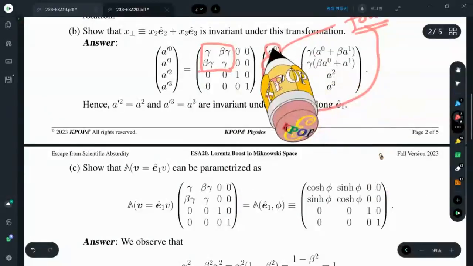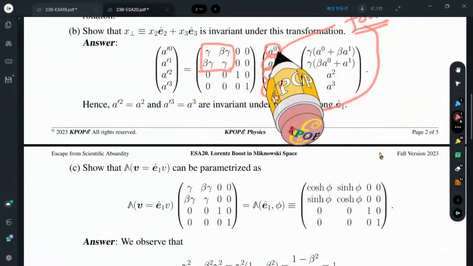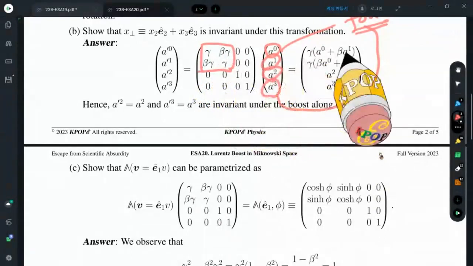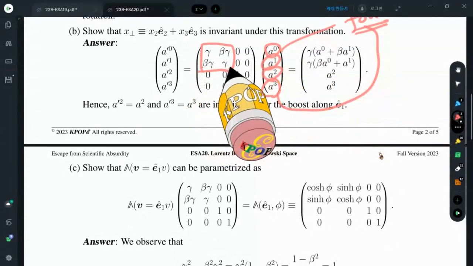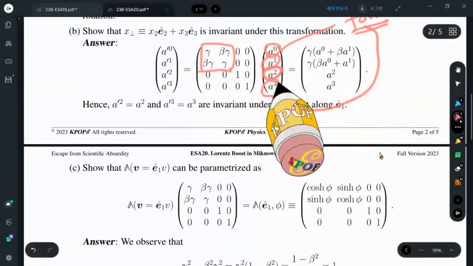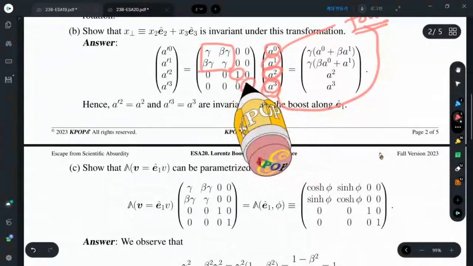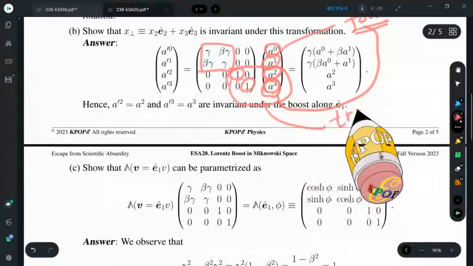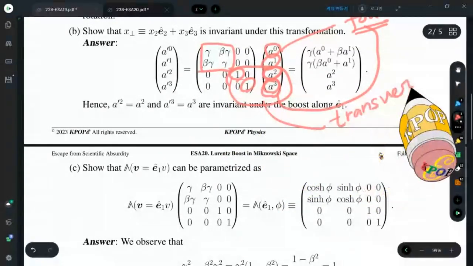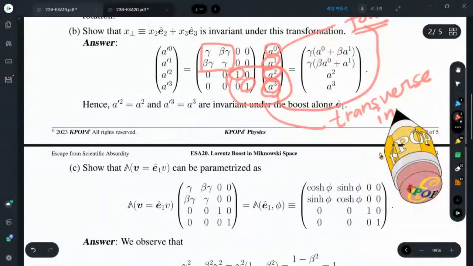This one gives gamma A0, gamma beta A1, beta gamma A0, gamma A1, and these perpendicular directions, y and z directions, are transverse direction invariant.